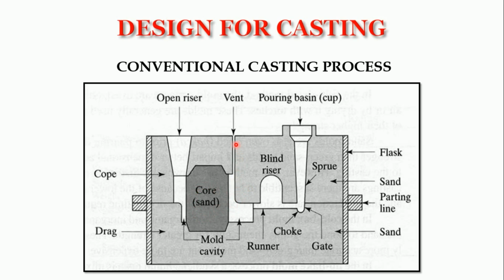The vent is there, and the risers, one of the important parts in casting. The mold cavity solidifies, and we remove the casting from the mold. These are the conventional practices for the casting processes.